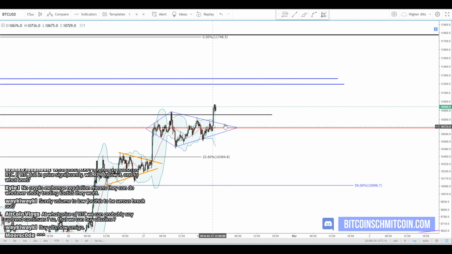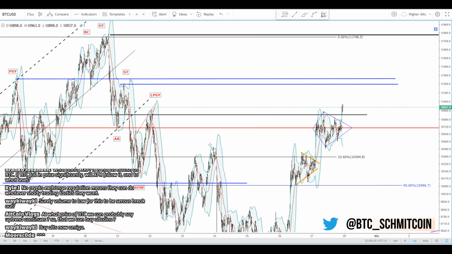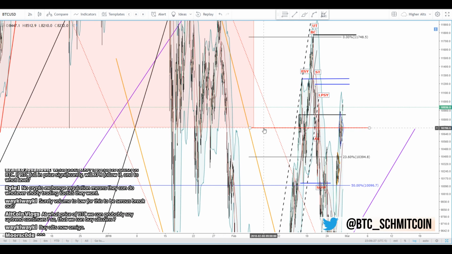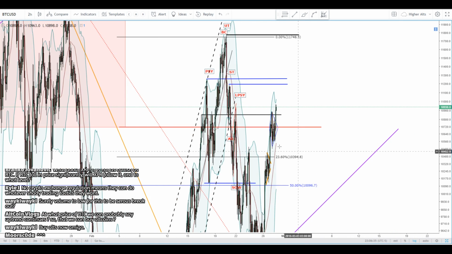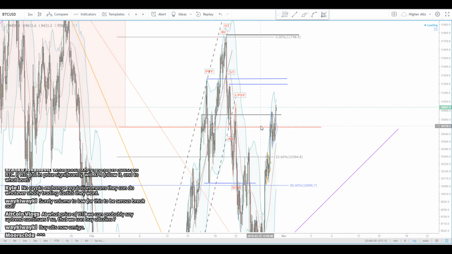But right now we're testing this giant red line that you see running square through the middle of my chart. If we follow it right here, I need to move this up, don't I? The giant red line, I'll lock that, is the bottom of the macro distribution trading range. So this is a pretty key level here.